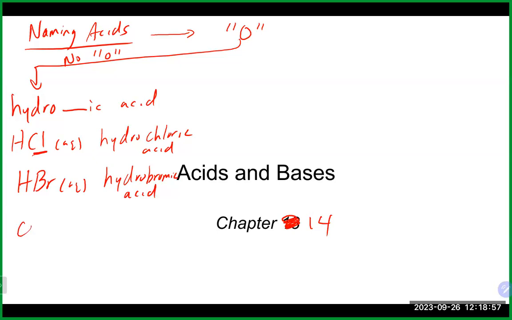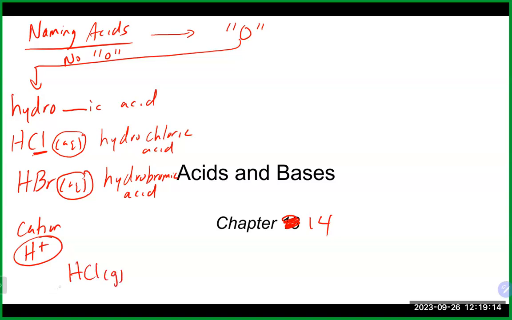By the way, the cation for all acids is the H plus, right? So the H plus is the cation in each of these cases. By the way, we put AQ, which is aqueous, next to acids because if this was HCl with a G, this would be called hydrogen chloride.